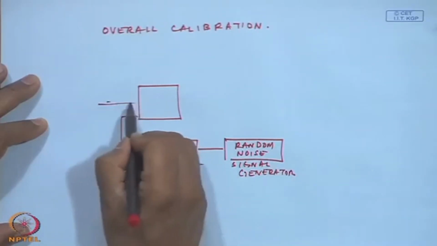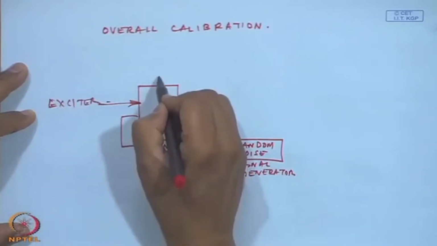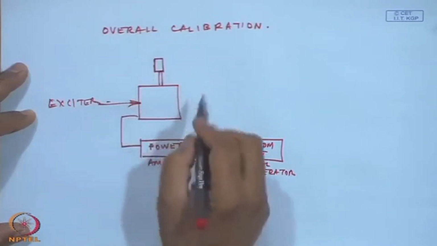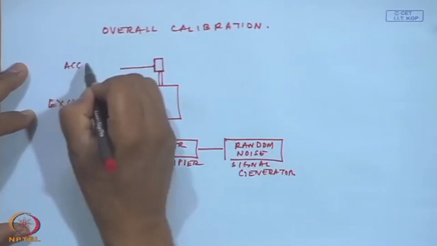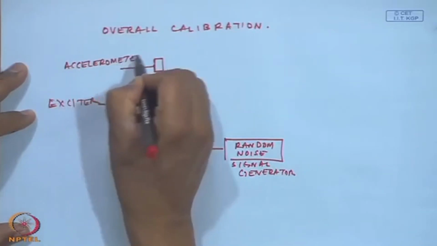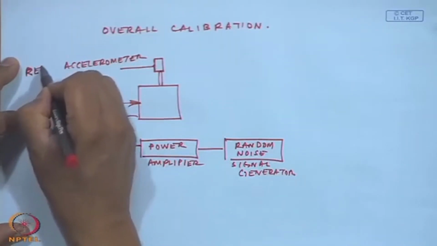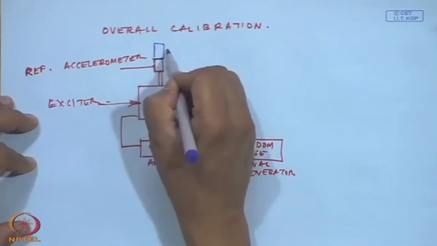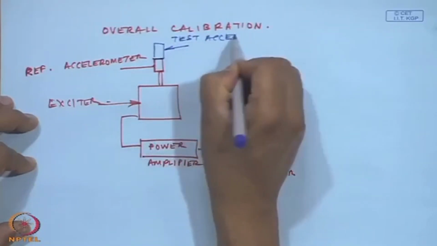This is an exciter, and onto this you attach an accelerometer, which is a reference accelerometer, onto which we mount the test accelerometer.